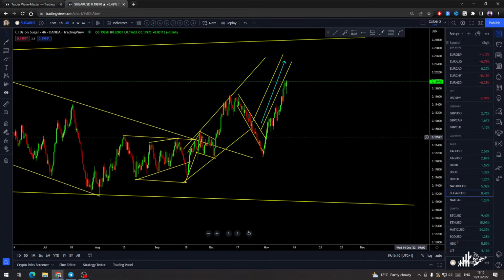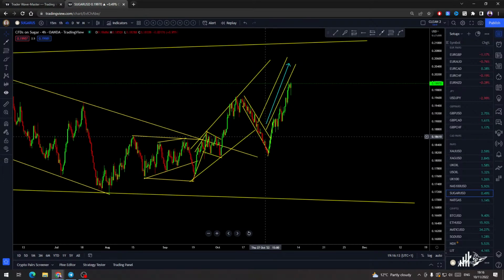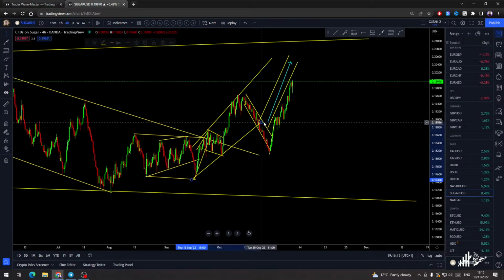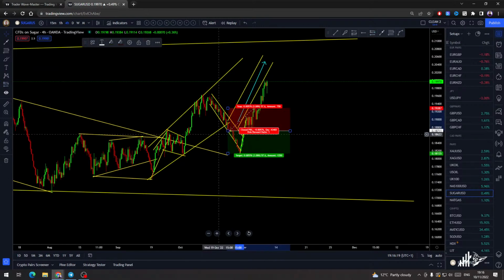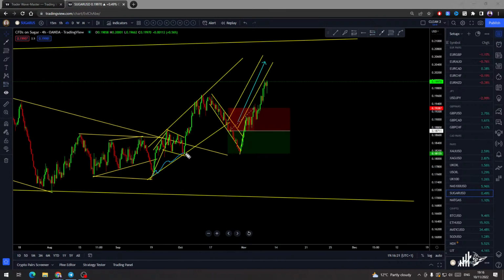What you are probably doing is selling over there because you're watching just for the break of the trend line. Price goes, you're happy, and then in the next couple of candles it just goes straight to the upside, it will stop you out, or you'll have a very bad entry.